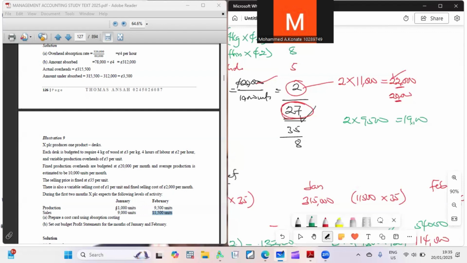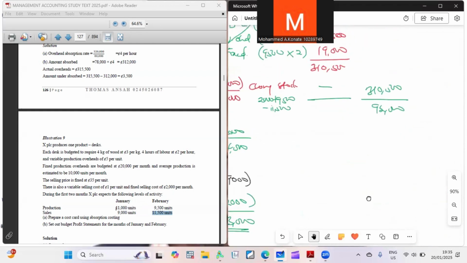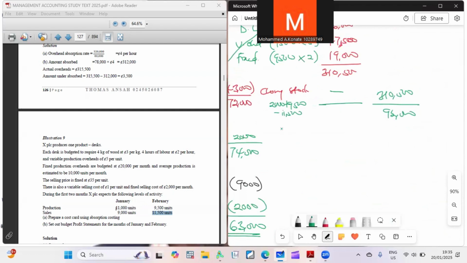But the actual was 20,000. So here it means we have under-absorbed. And when we under-absorb, we will have to treat it as a loss. So under-absorption, we will deduct. You have to show working of the under-absorption, like we did: 19,000 versus 20,000, under-absorption of 1,000. And so the gross profit adjusted is 91,000.